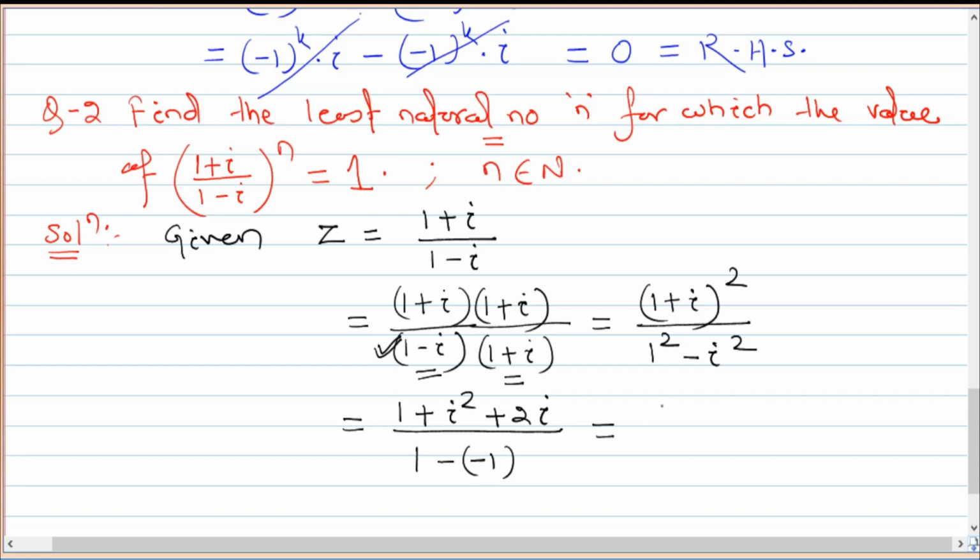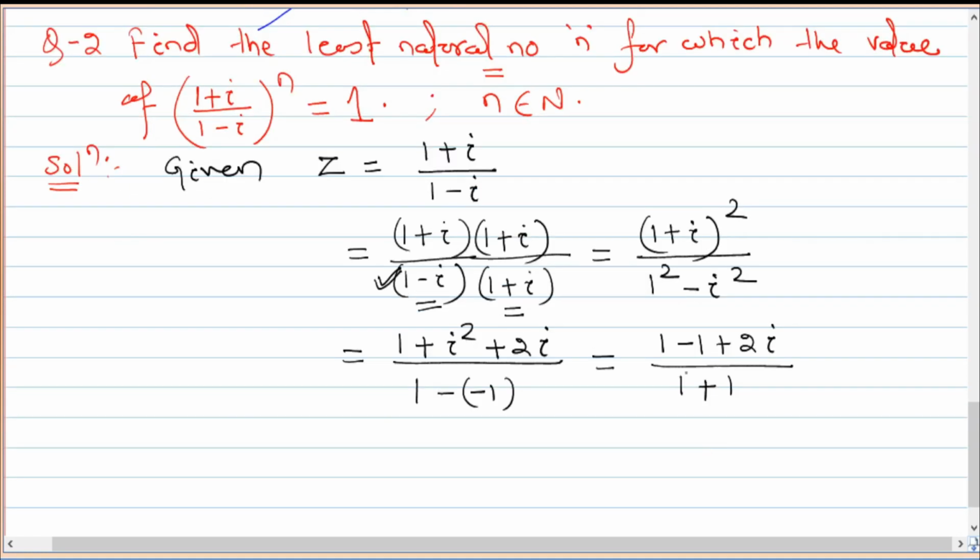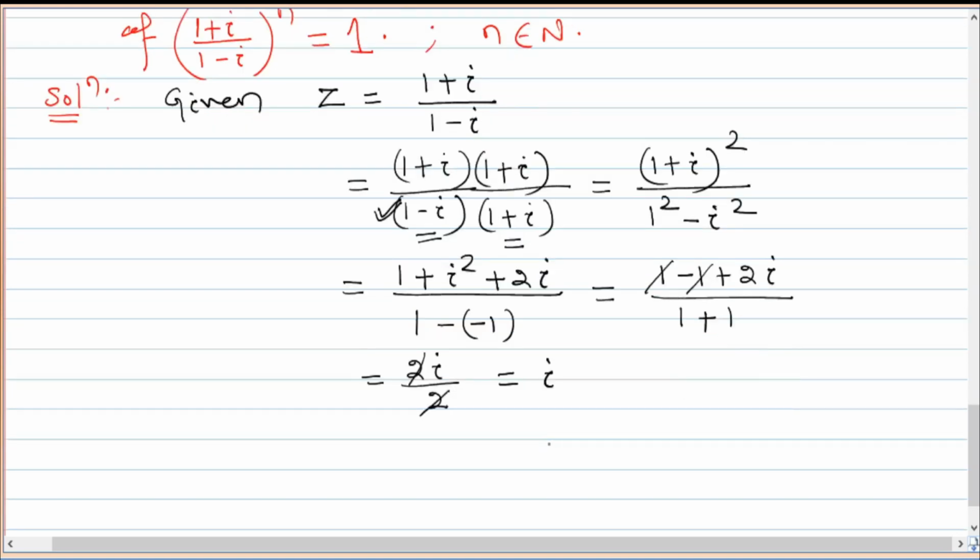So this is nothing but 1 minus 1 plus 2i divided by 1 plus 1. So 1 minus 1 cancels, we are left with 2i by 2, that is 2 cancels, only i is left. So it is very simple. So (1 plus i) by (1 minus i) is equal to i.